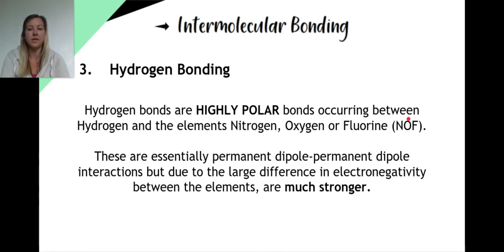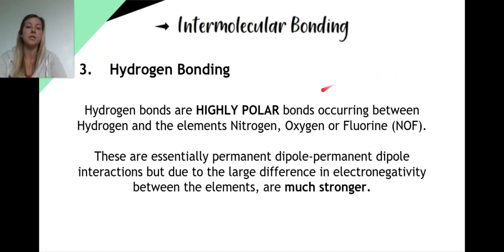So the third type and the last type, the strongest type of intermolecular force, is hydrogen bonding. Hydrogen bonding is something that contains highly polar bonds. So we're not just talking about a small difference in electronegativity, we're talking about a big difference in electronegativity.